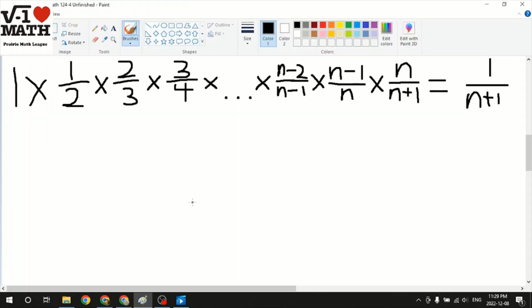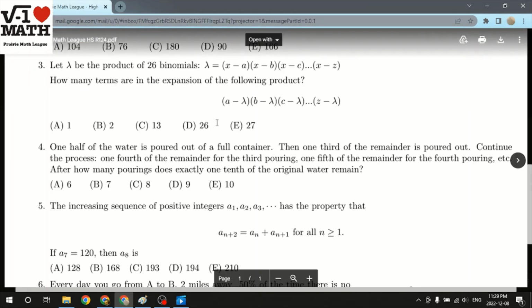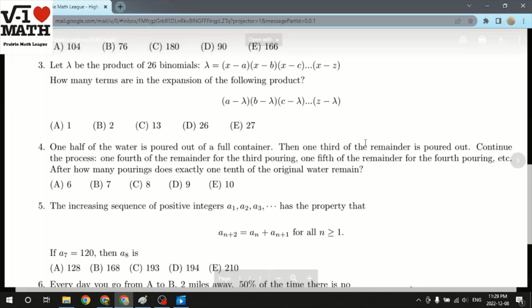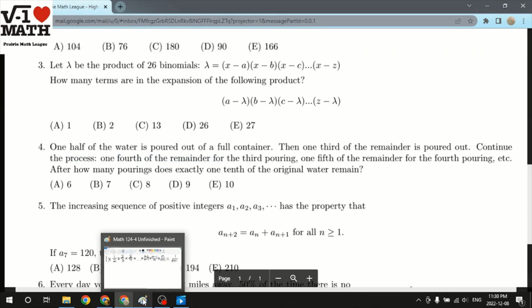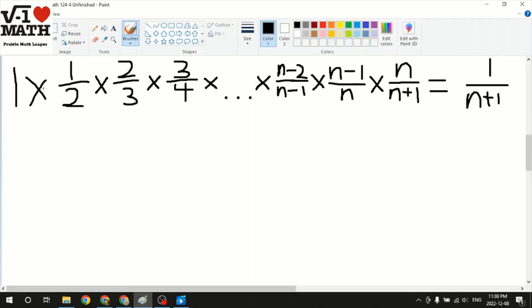So, when the question says 1/2 is removed, then 1/3 of the remainder, and then 1/4 of the remainder, that is basically the same as multiplying by 1/2 and then 2/3 and then 3/4 and so on and so forth.